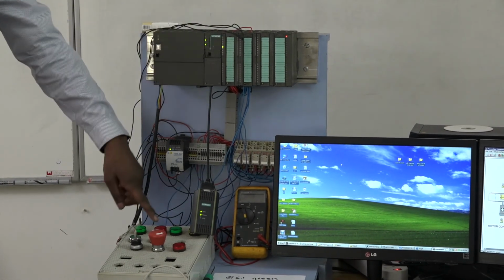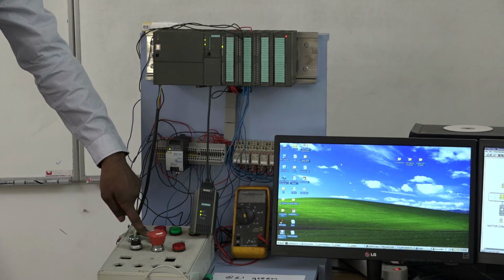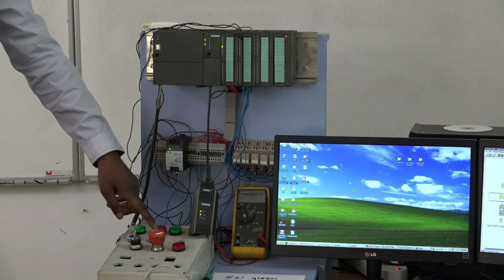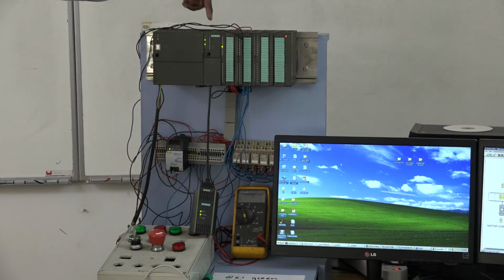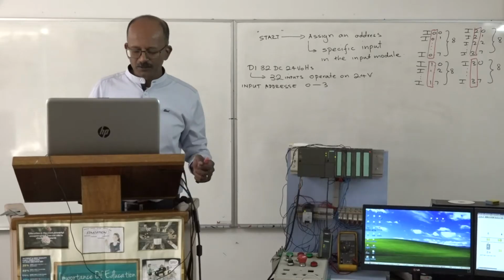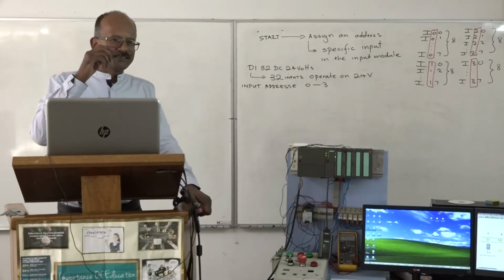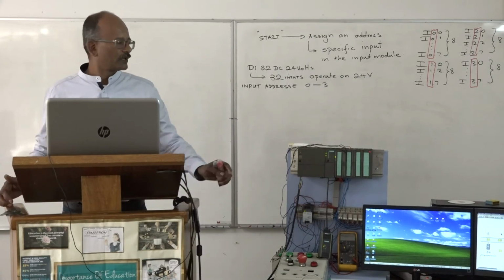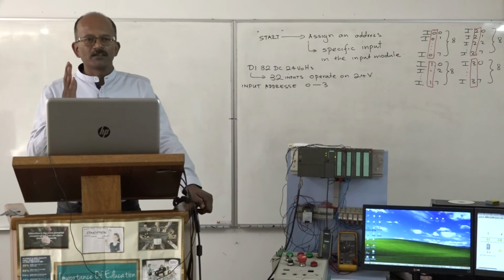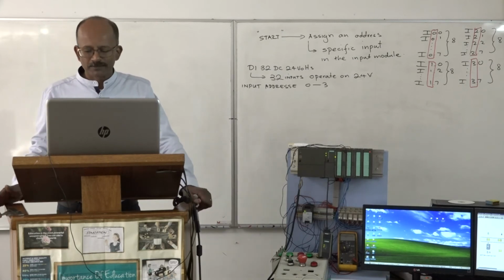If my stop button was connected to input I0.4 and I press it, it will just know the 24 volts that was at 0.4 is now being removed. That means the stop button has been pressed. So that is how the PLC detects changes in inputs, by looking at the input addresses and what changes have taken place.